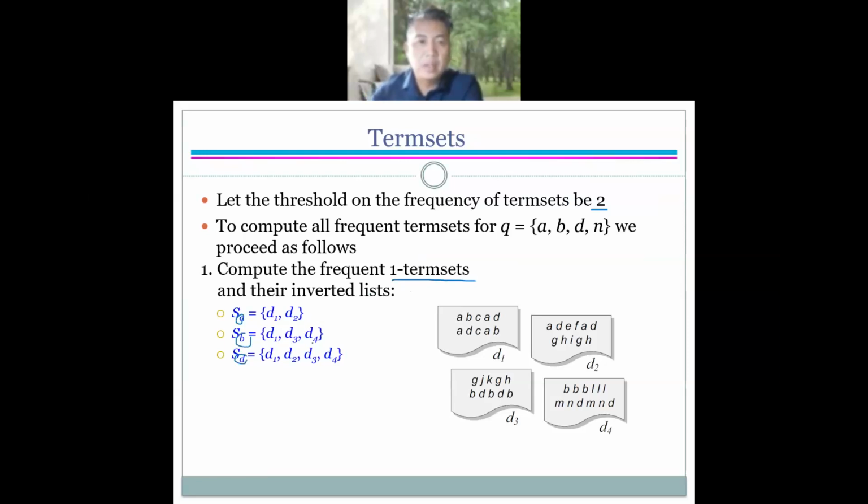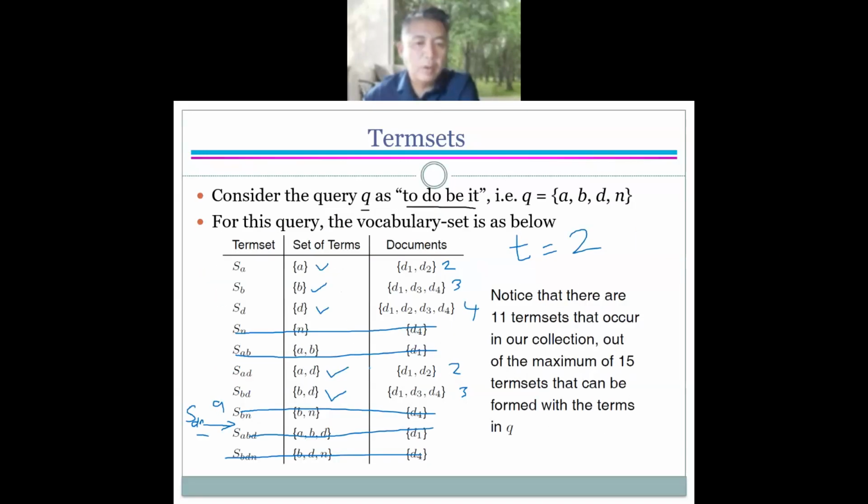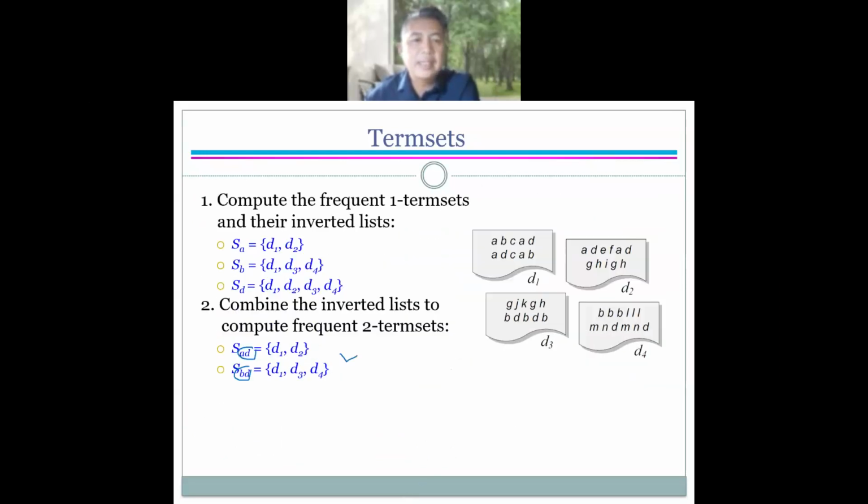And then the next one, two term set. This is the two term set because we have 2, and then that's all. There is no frequent 3 term set because for the 3 term set we only have one document each, ABD and BDN. So these are the frequent one term sets, and this is the frequent 2 term set.